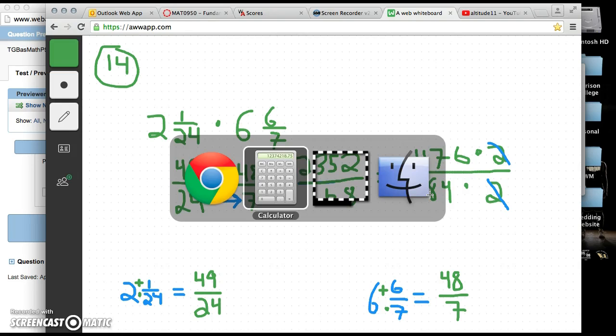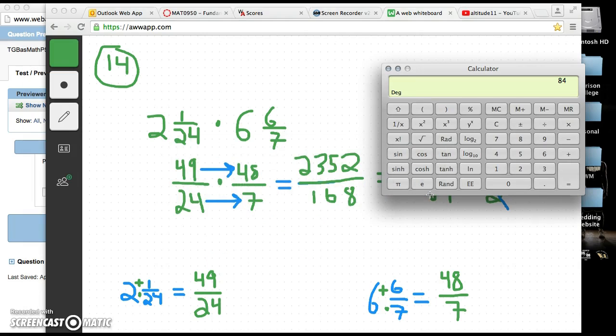Now I just want to show you this on the calculator so you believe me and you don't think I'm just making things up. If we take 2,352 and divide it by 168, notice that we get 14.